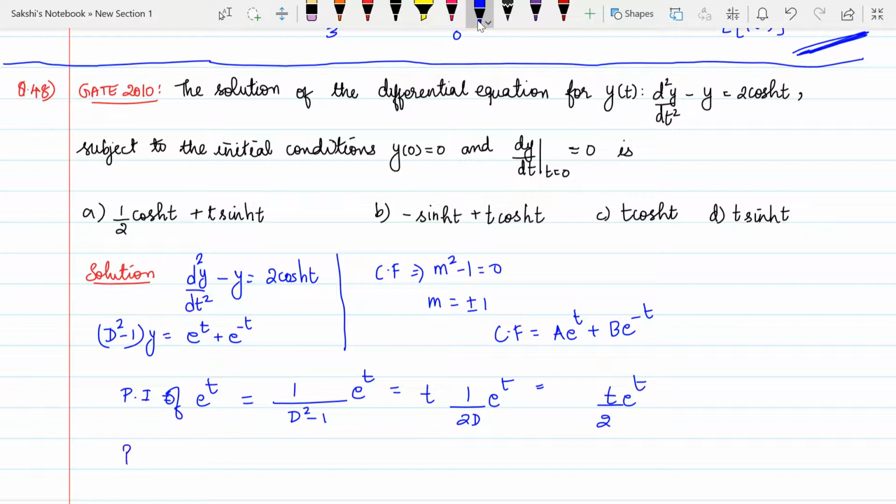Now the particular integral of e power minus t will be again the same thing, 1 by d square minus 1 e power minus t. So again it will go to 0. So I'm going to write t times 1 divided by 2d e power minus t.